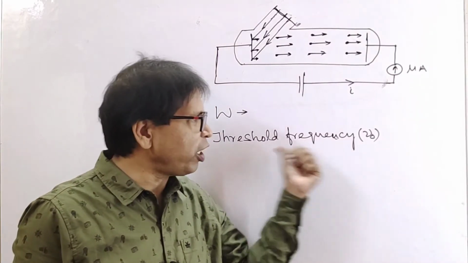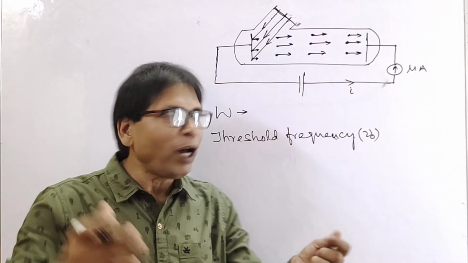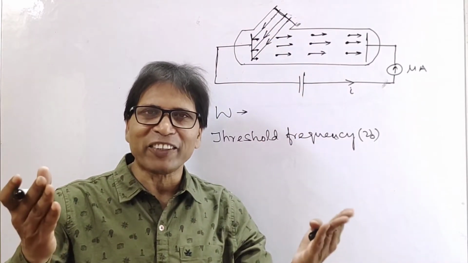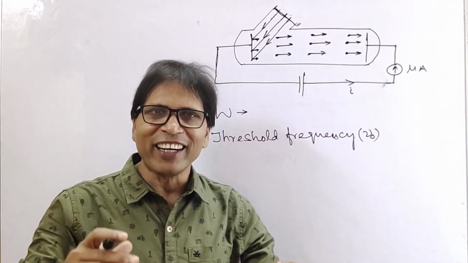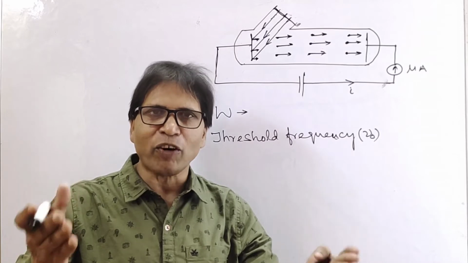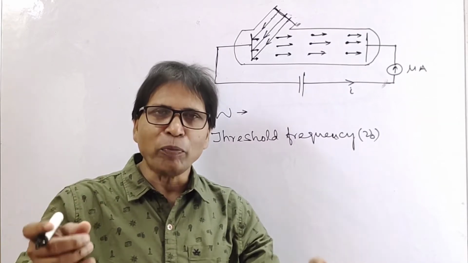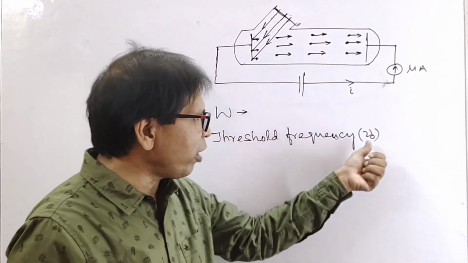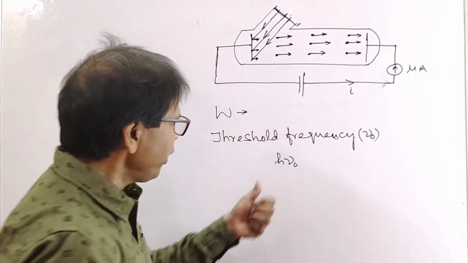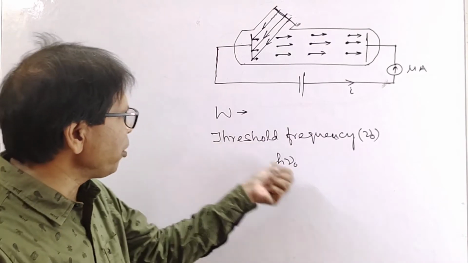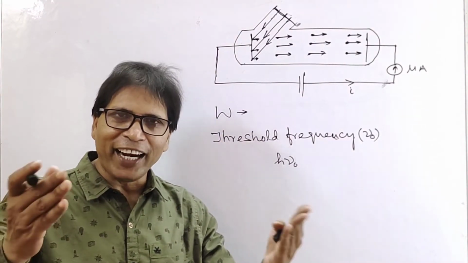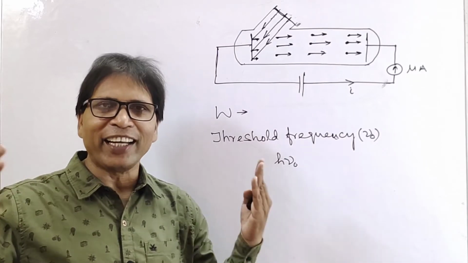Now threshold frequency nu naught. The minimum frequency of radiation by which emission of electron takes place is called threshold frequency. If h be the Planck's constant, then energy of the photon of frequency nu naught is h nu naught. Therefore, this energy must be equal to work function, which is the minimum amount of energy needed to emit an electron.